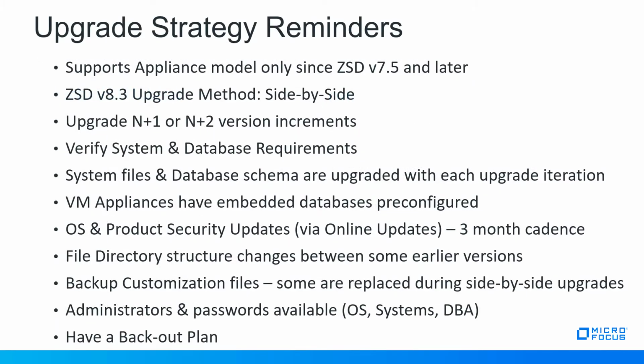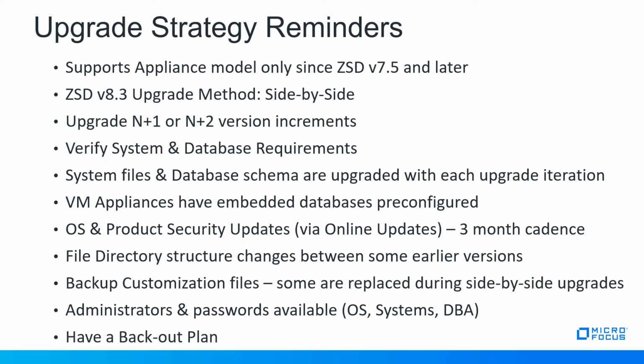So let's talk about some upgrade strategies. Of course, as you know, from version 7.5 onwards, we only supported the appliance model. In version 8.3, it's going to be a side-by-side upgrade. We do upgrade the database, so we need to have this as a migration.